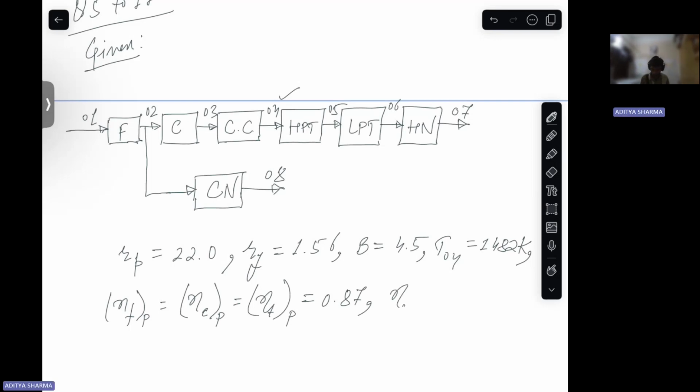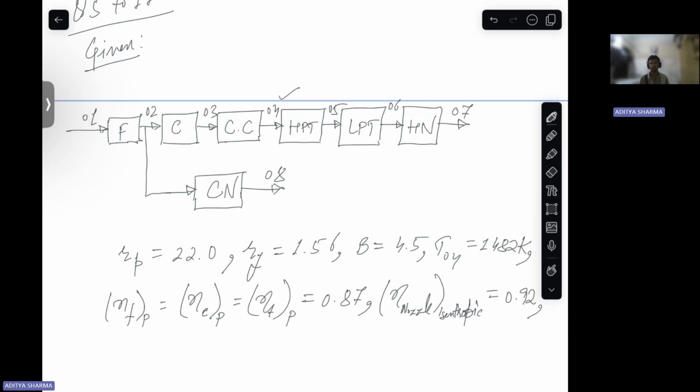Then for your nozzle, isentropic efficiency is given as 0.92.